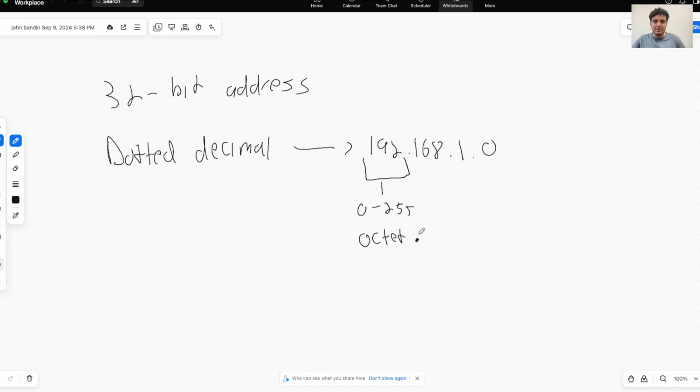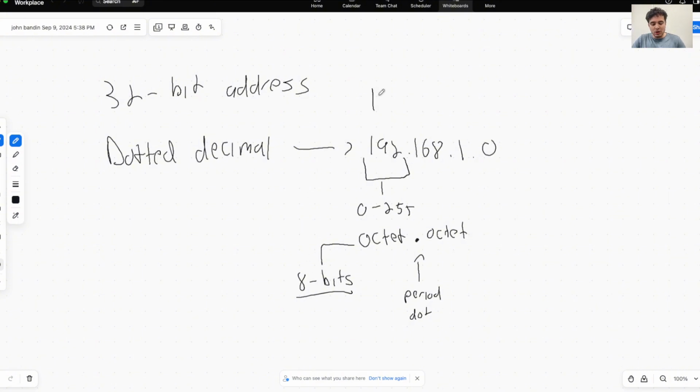Now, when you read off an IP address, you say 192.168. I've never personally heard 192 period, 168 period, but each octet is separated by a period or a dot here. Now, each octet is equal to 8 binary bits. And we're going to break down how we convert dotted decimal into binary.